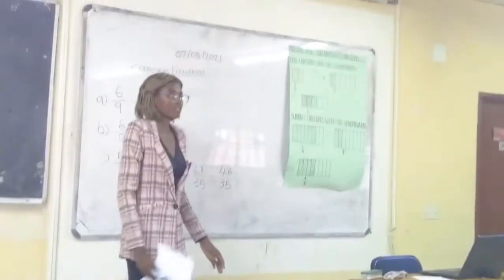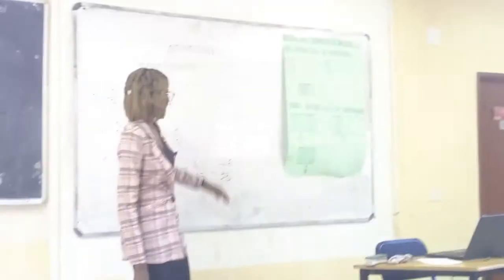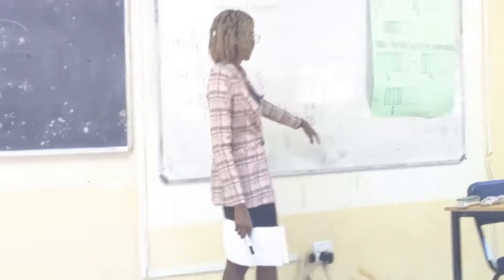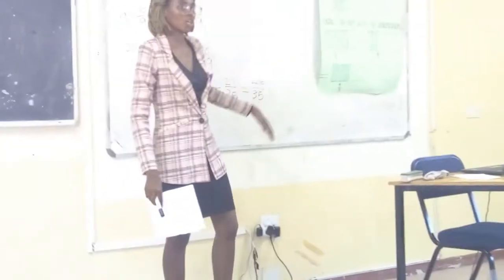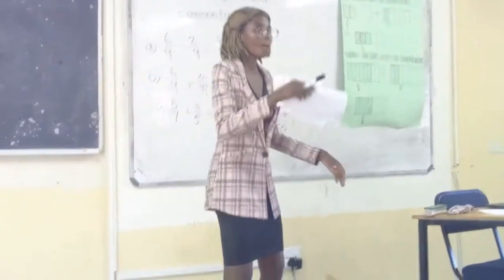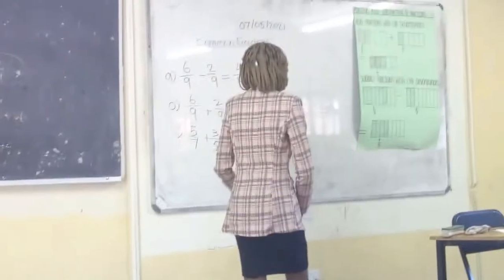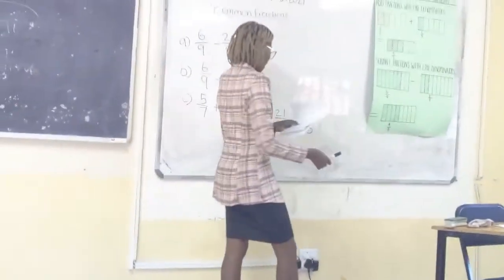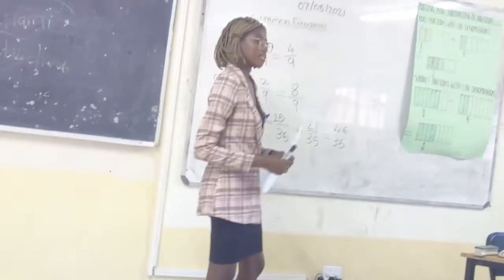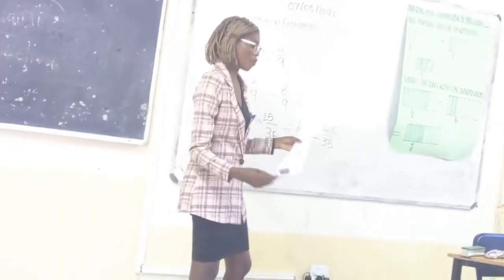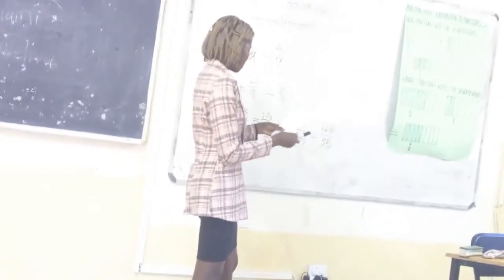Yes, it's an improper fraction. It's like you having a big head and your body is too small. You cannot balance, right? So this number is too big for the 35. That's why we call it improper. So 46 over 35 is our final answer, because it's in its simplest form in this instance.